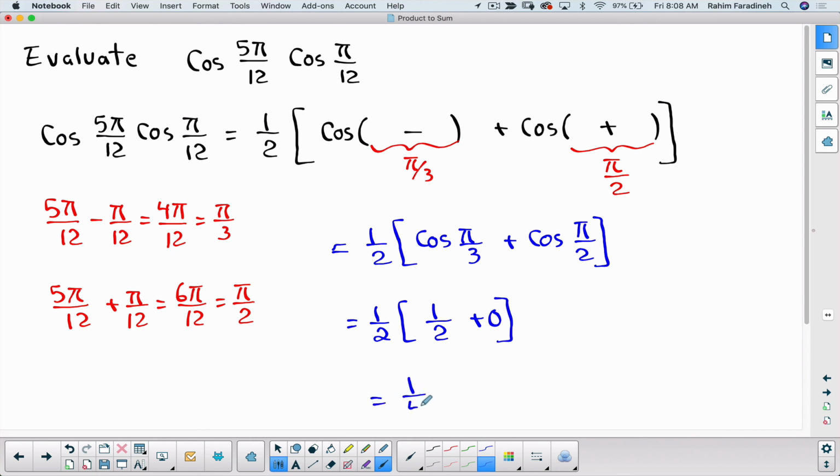So the exact value for our problem is 1/4. I hope this brief lecture helps you understand the process of going from product to sum.